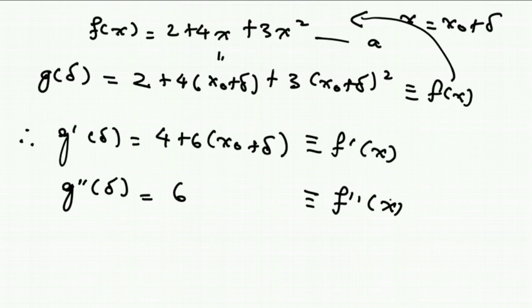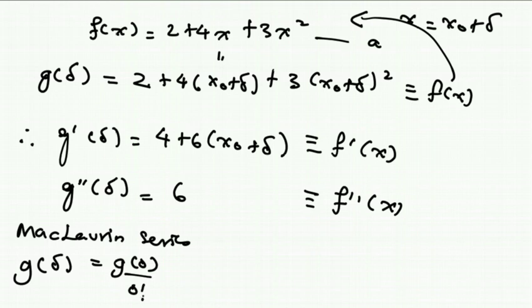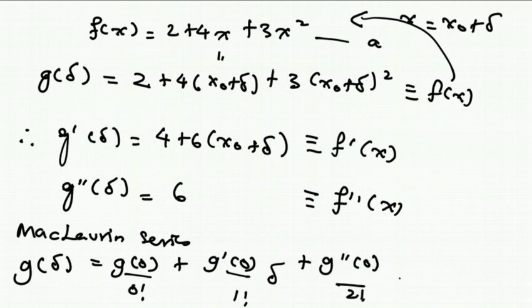Okay. So if we use this for the Maclaurin series case, in the Maclaurin series, with g prime and g double prime, then we can have something like this. g(delta) equals g(0) over 0 factorial, plus g prime(0) over 1 factorial times delta, plus g double prime(0) over 2 factorial times delta squared.